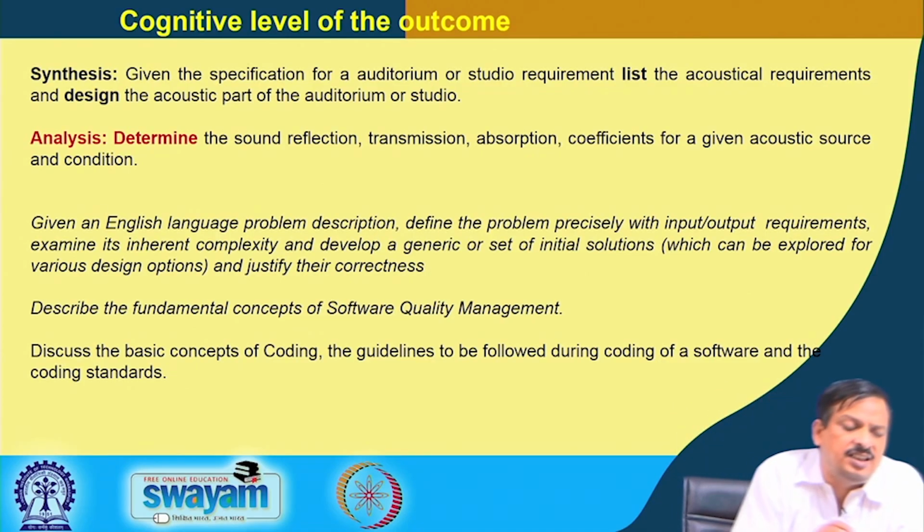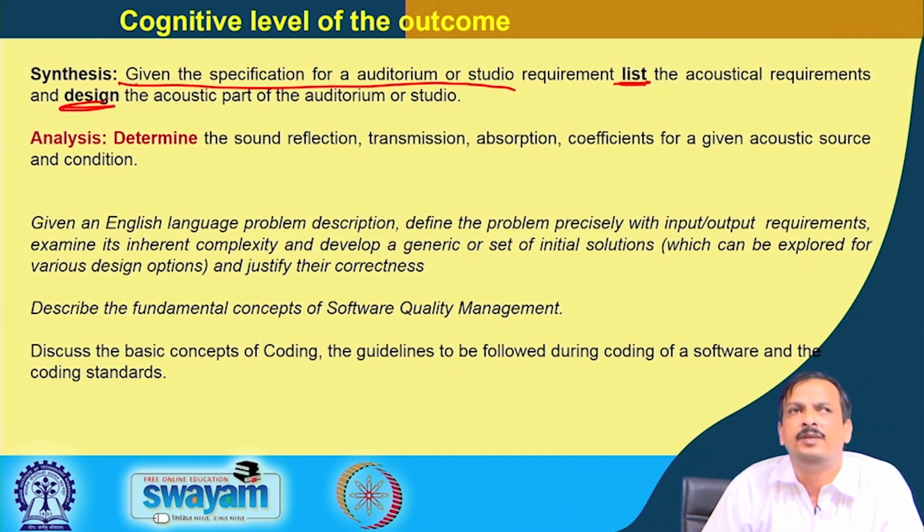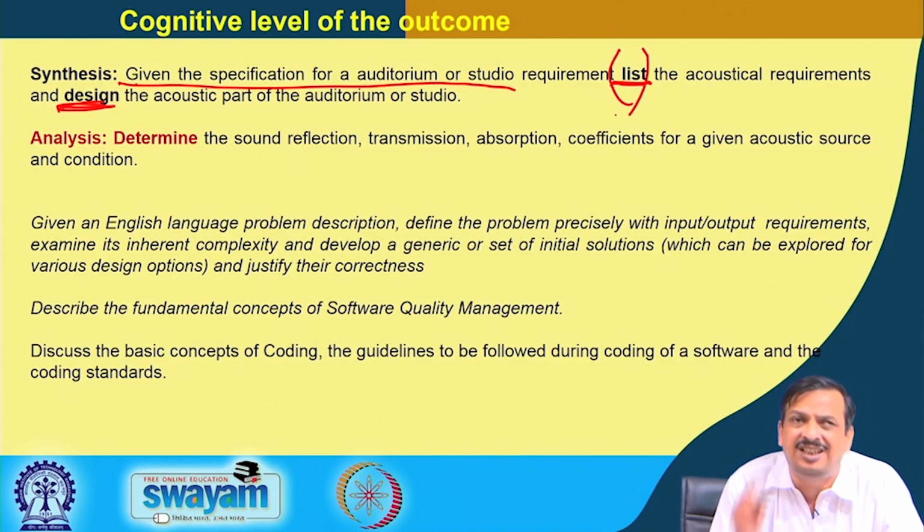Now, suppose this is my outcome. Given the specification, what is the action verb, what is the English verb there? Given the specification of auditorium, the first action verb is list, the second action verb is design. So, once you read the outcome, find out the action verbs. If you see the list of action verbs in the first lecture, list is knowledge level, design is synthesis level.